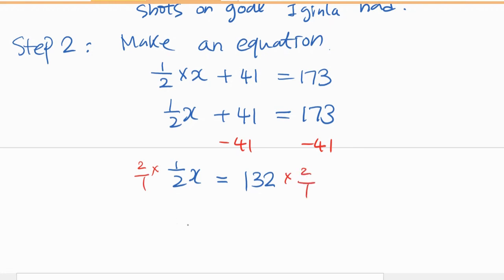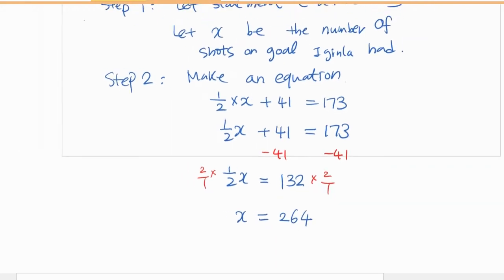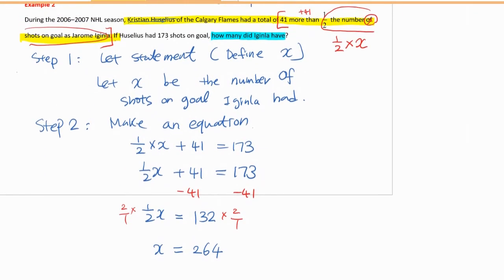Then x will be isolated. Then that will be 2. If you multiply 132 times 2, you can omit this over 1. Then that will be 264. So the answer is 264.